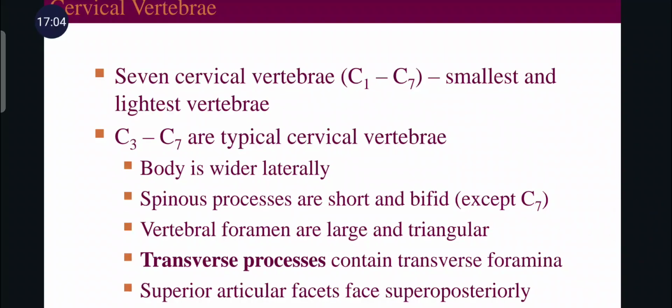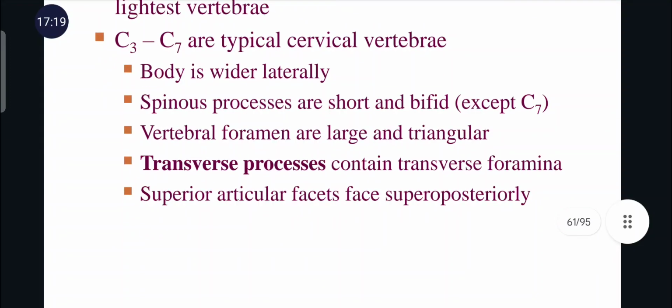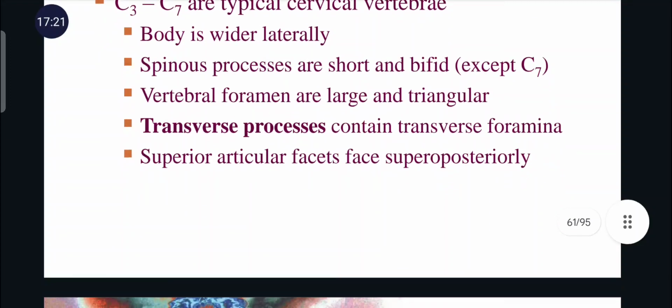Cervical bones. There are 7 cervical vertebrae, C1 to C7. Cervical vertebrae are the smallest and lightest vertebrae. C3 to C7 are typical cervical vertebrae. The body is wider laterally, spinous processes are short and bifid.